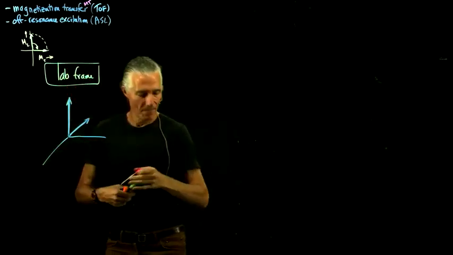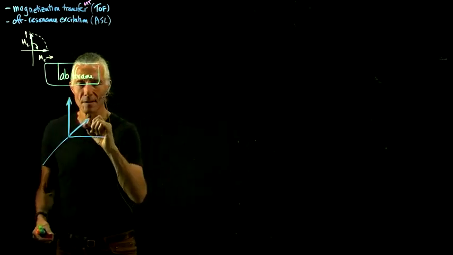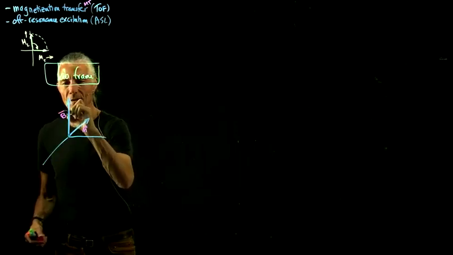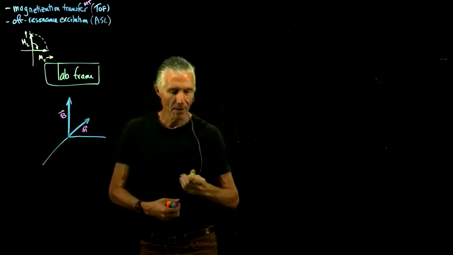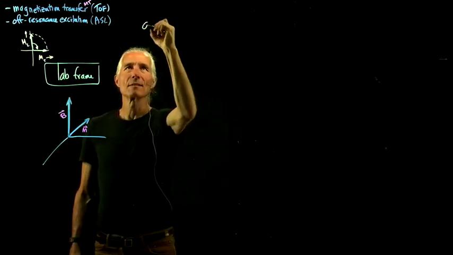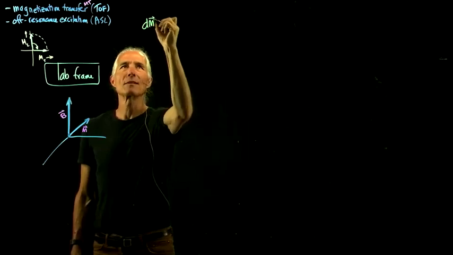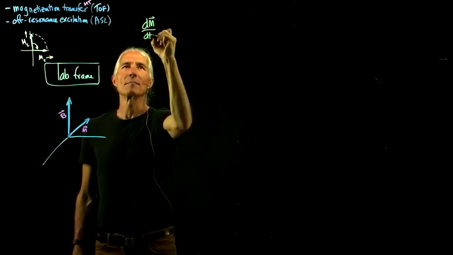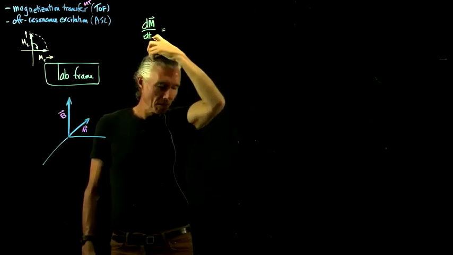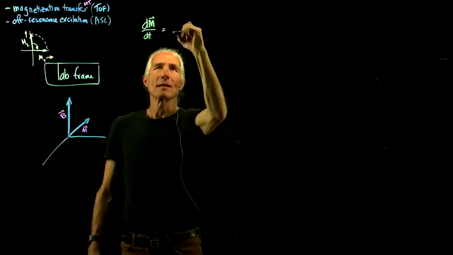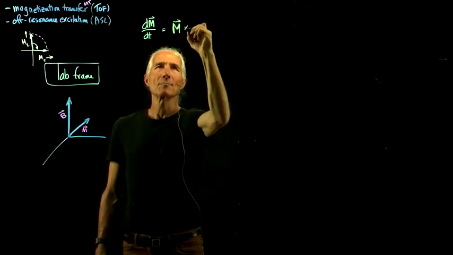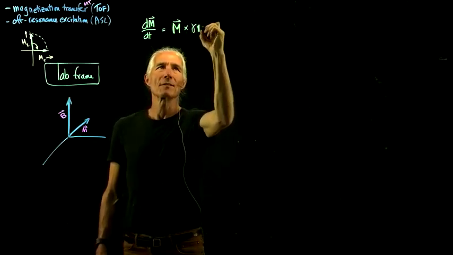So this is our M vector, and this guy is the B vector. And our equation, the Bloch equation, was the change in the magnetization vector for a small amount of time, that's a vector, equals whatever the magnetization vector currently was, cross-producted with whatever the B vector was.